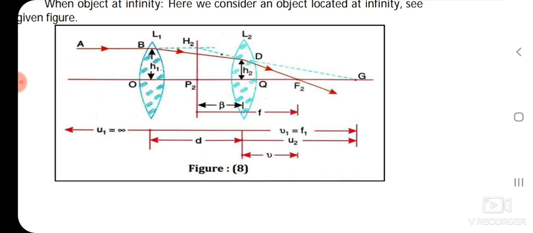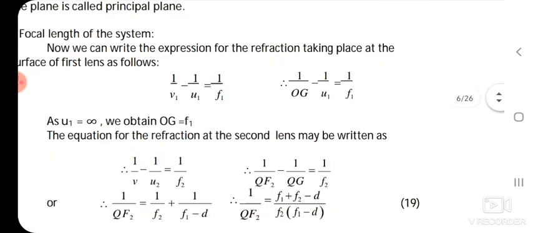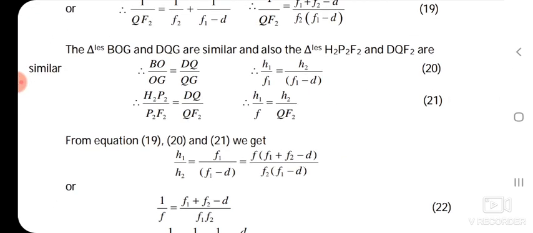Also, triangle S2P2F2 and triangle DQF2 are both similar. Therefore, we get BO by OG is equal to DQ by QG. If we substitute the values of BO, OG, DQ and QG, we get h1 by f1 is equal to h2 by (f1 minus d).